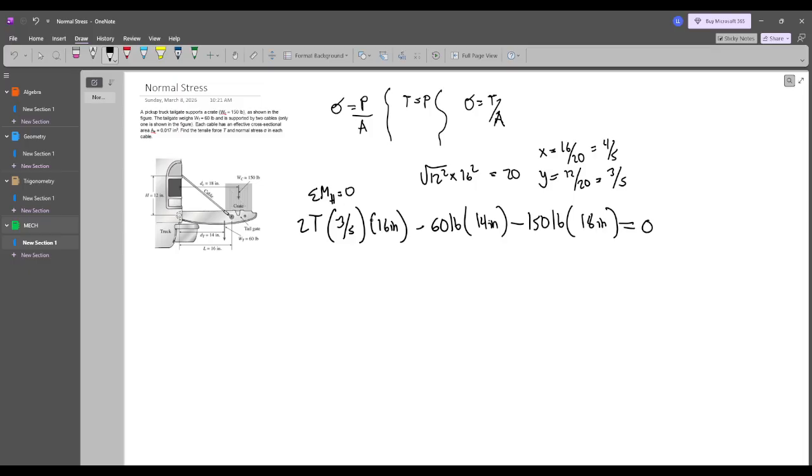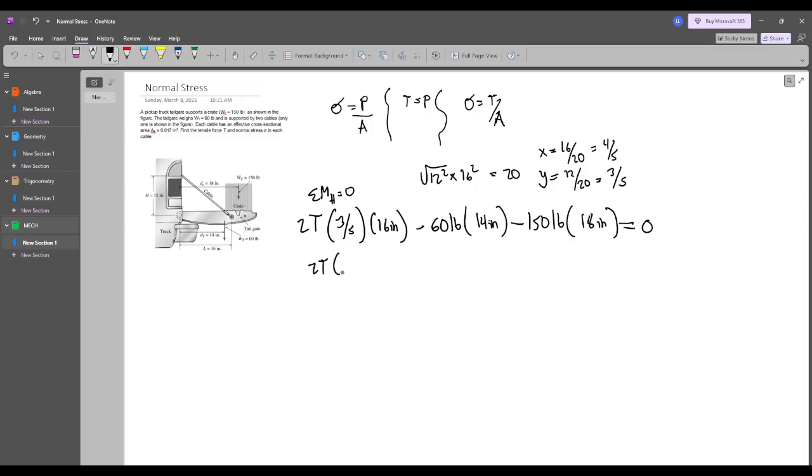So now we simplify. First, we move all these negative values, not because they're negative, but because we need to isolate this equation. To isolate this, all we need to do is transpose those terms that do not belong with this equation.